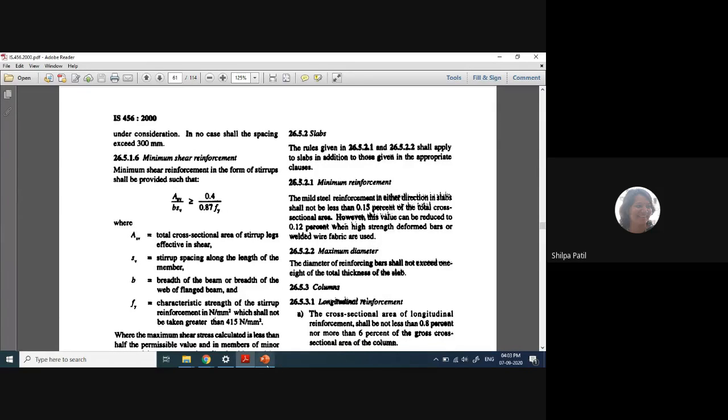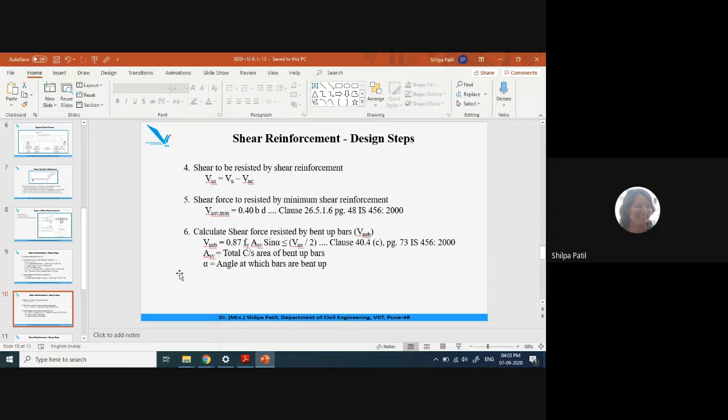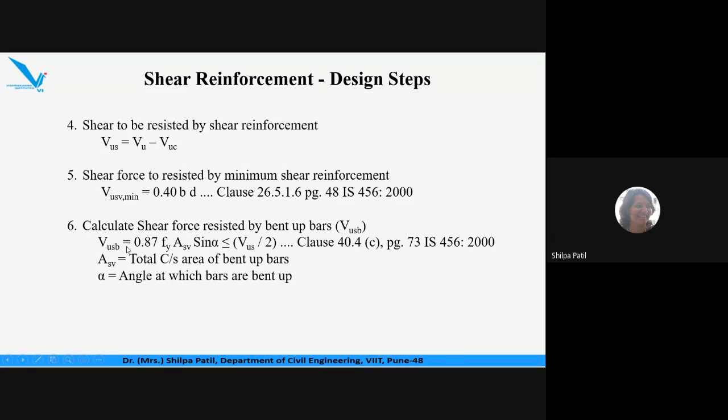Okay, then what is next? Shear force resisted by the bent up bars. Okay, VUSB. So its formula is 0.87 Fy ASV into sine alpha, clause 40.4 C part, page number 73.